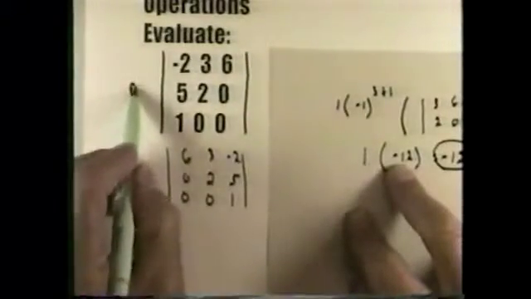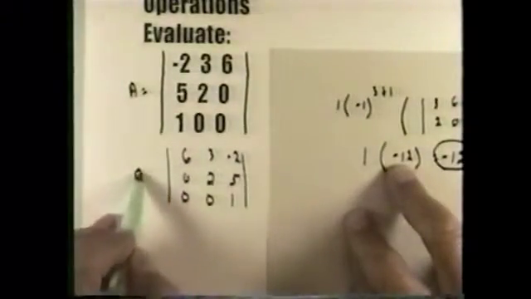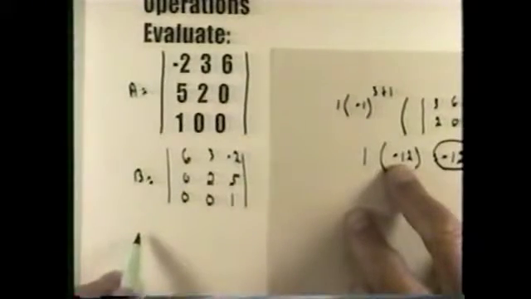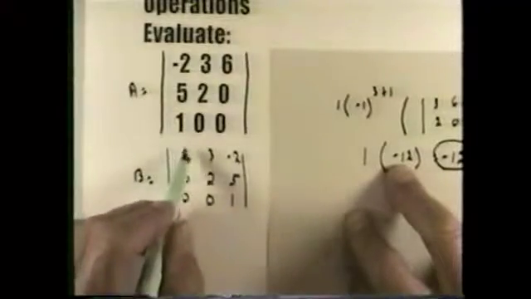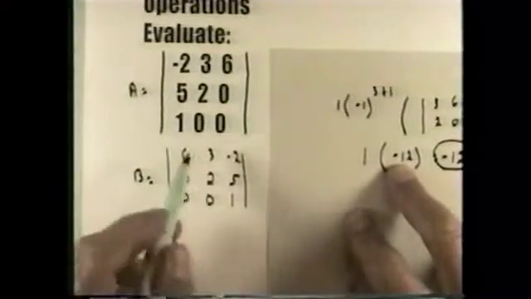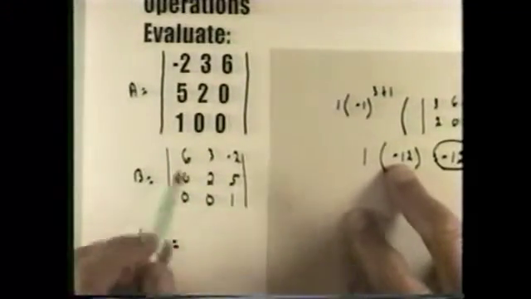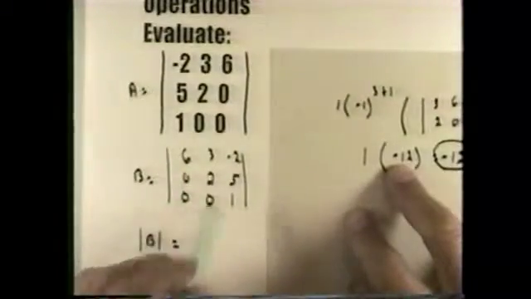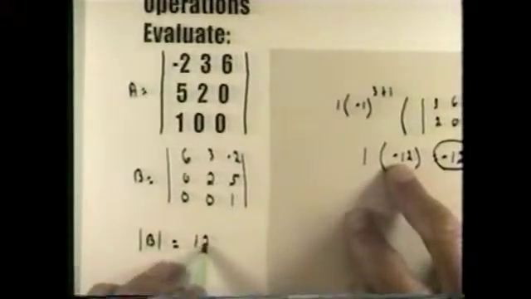Well, if we call this A and this B, then we know that the determinant of B is just the value obtained by multiplying along the diagonal. 6 times 2 is 12, times 1 is 12.